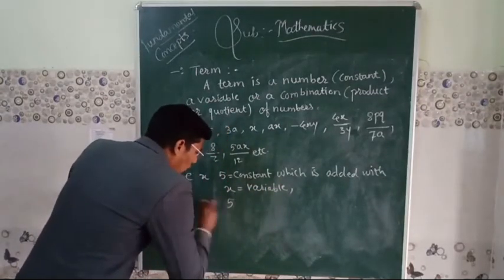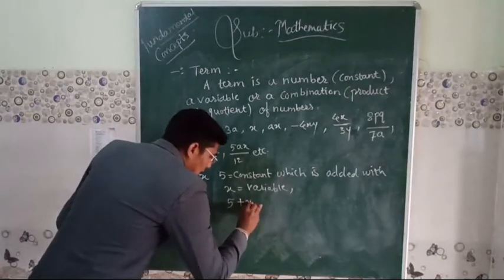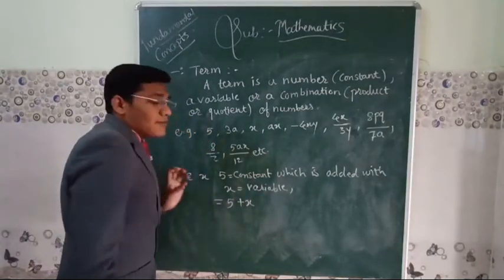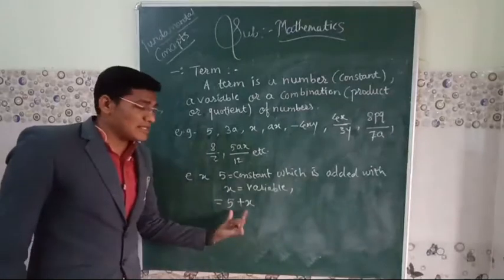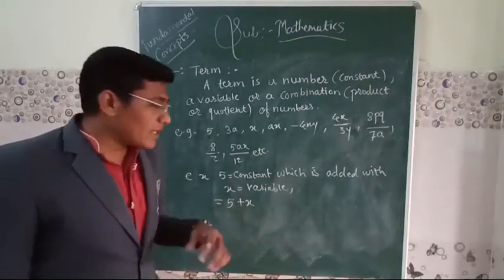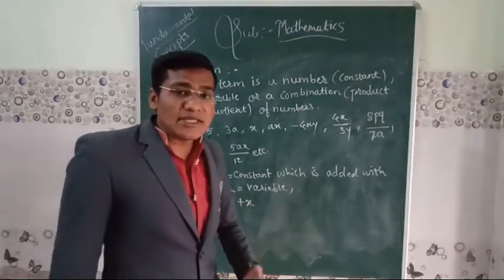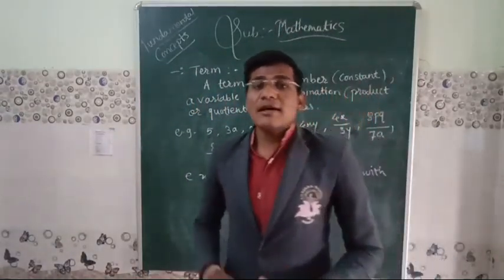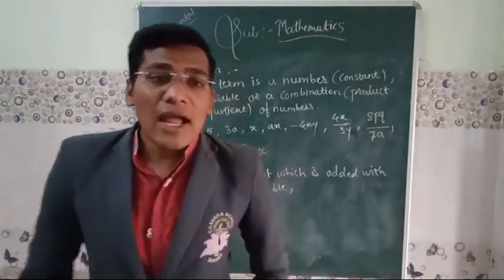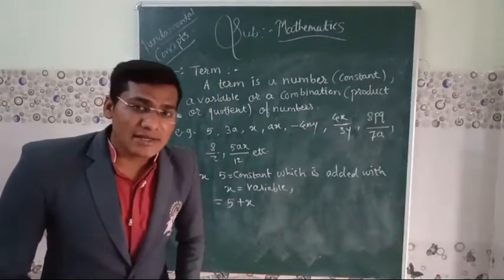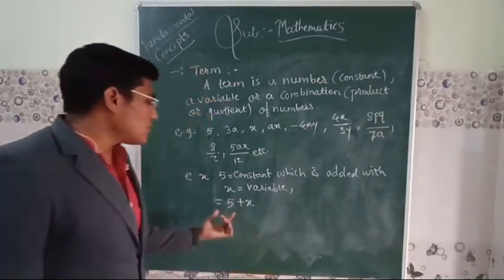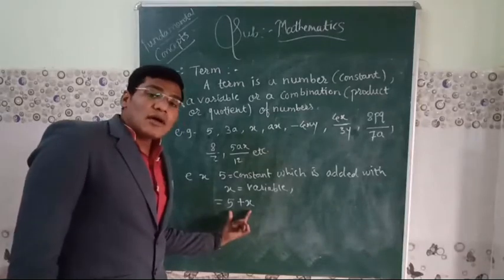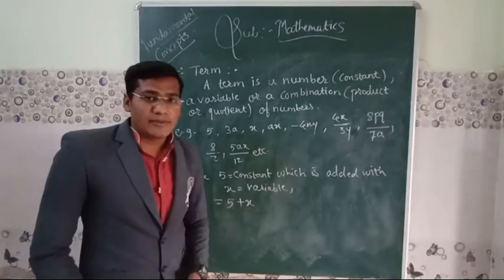Then there is a formation of an algebraic expression as 5 plus x, and this is called an algebraic expression. We can subtract too, meaning whenever a constant and a variable combine with addition and subtraction signs, there is a formation of an algebraic expression.